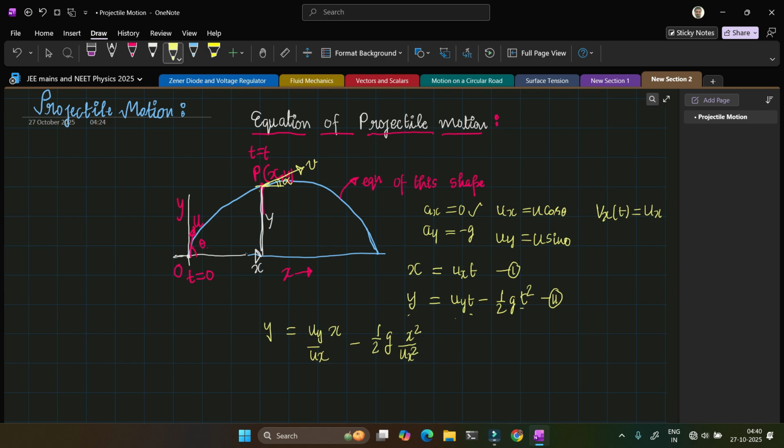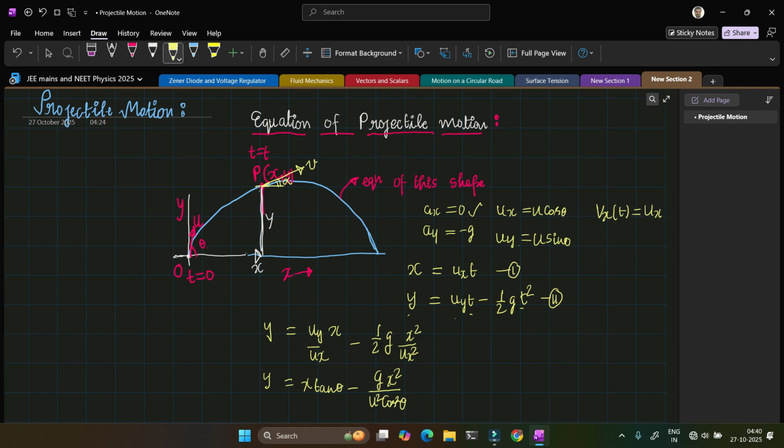And we can further solve this, and it comes out as y equals x tan theta minus g x square divided by 2 u square cos square theta, since uy by ux is tan theta.